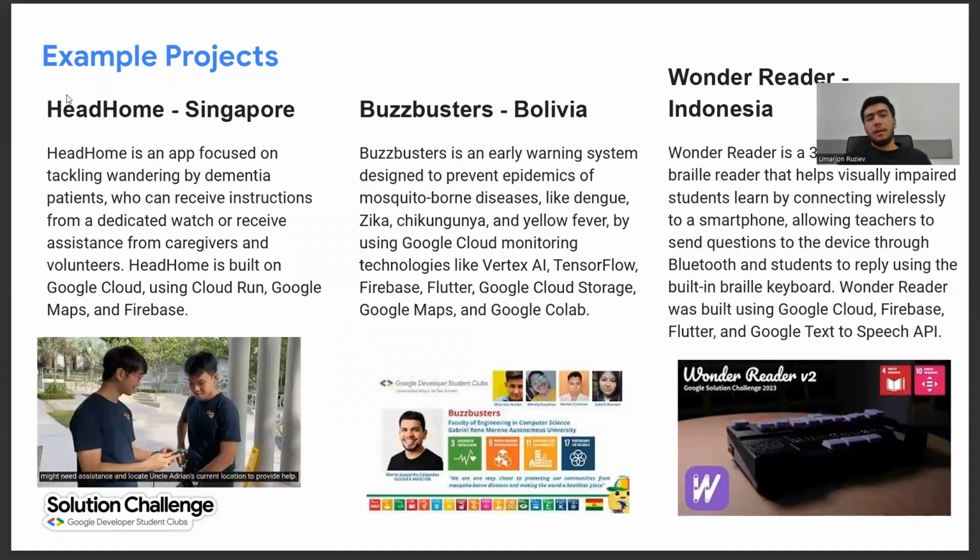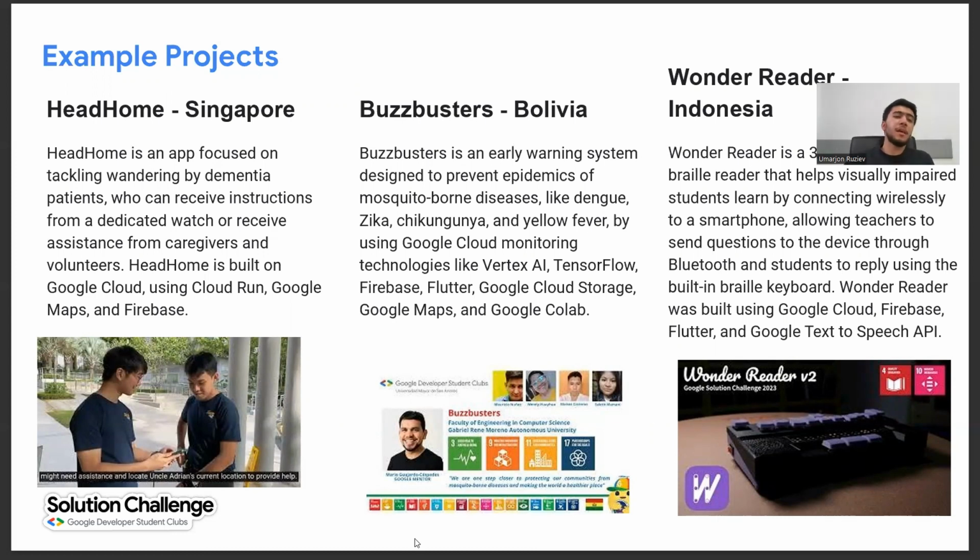So here I mentioned last year's top 3 projects. First one is Headphone, presented by a Singaporean student. Headphone is an app focused on tackling wandering by dementia patients, who can receive instructions from a dedicated watch or receive assistance from caregivers and volunteers. They use Google Cloud, Cloud Run, Google Maps, and Firebase to build this application.